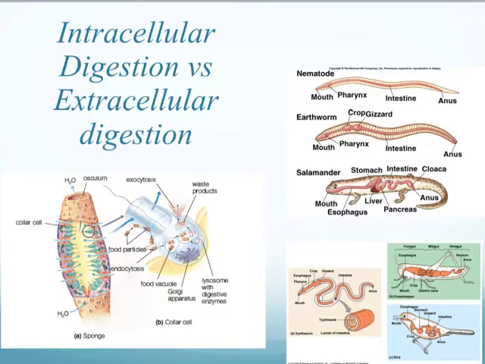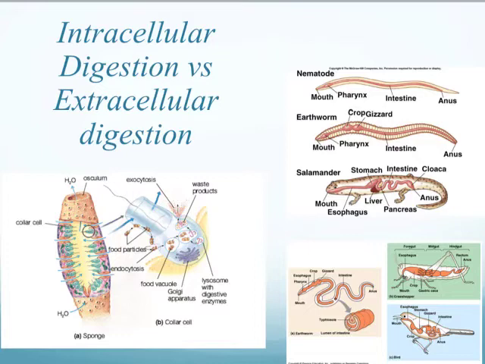There are two types of digestion, what we refer to as intracellular digestion and extracellular digestion. In intracellular digestion, food particles are engulfed by a particular cell through the process of phagocytosis. It's a form of active transport.